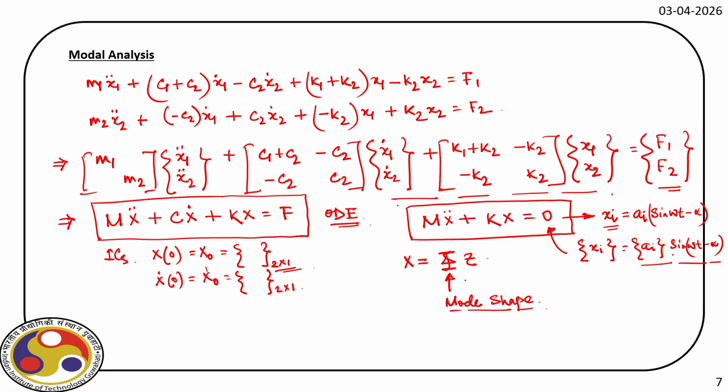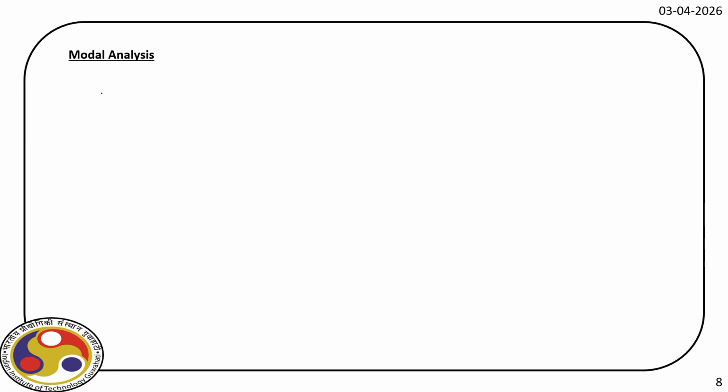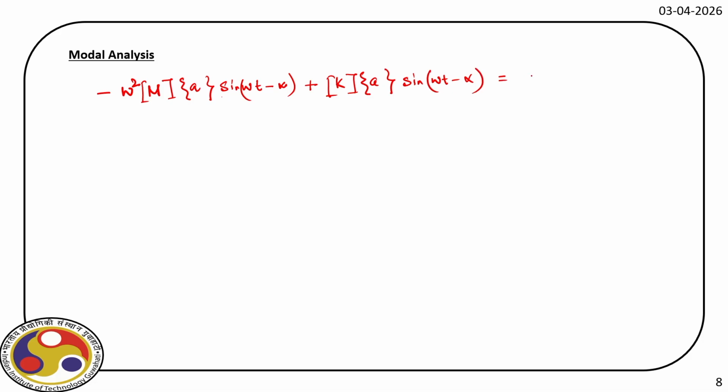And then if you put back, we will get minus omega square m times a sine omega t minus alpha plus k times a sine omega t minus alpha is equal to 0.